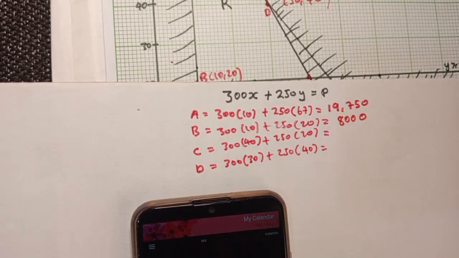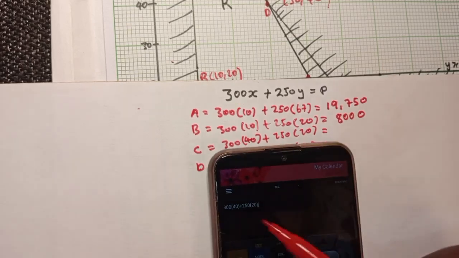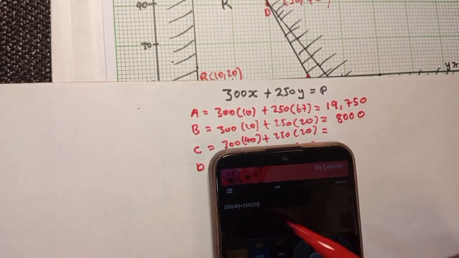The next one, quickly, 300, 40 plus 250 in brackets, 20.